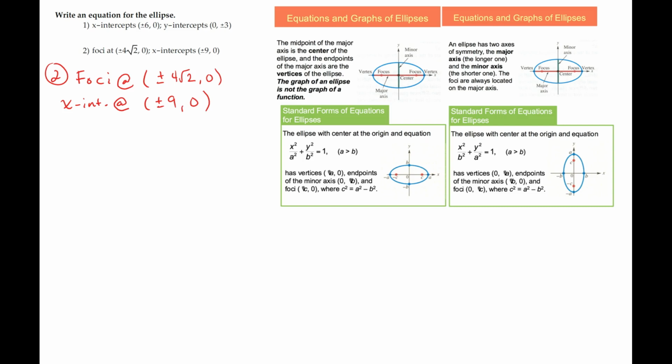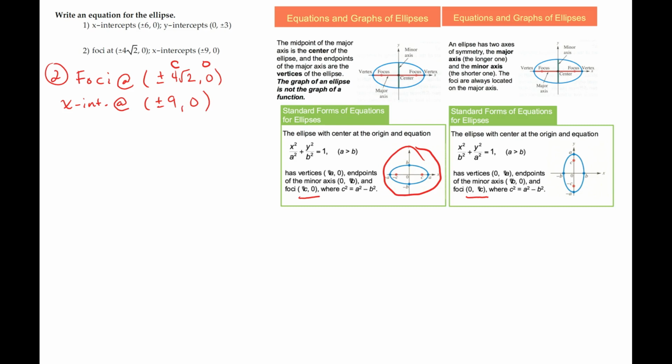If the focus is (c, 0), in this case (c, 0), we know that this ellipse is going to be of this variety, because look at the focus formula, because over here it would be (0, c). So it's not oriented vertically, it's oriented horizontally.